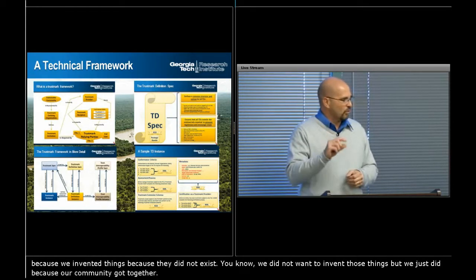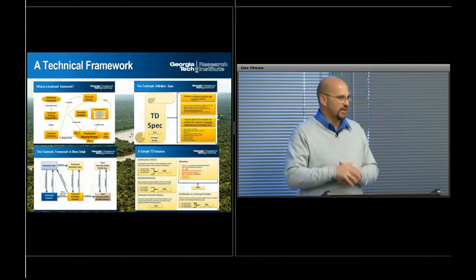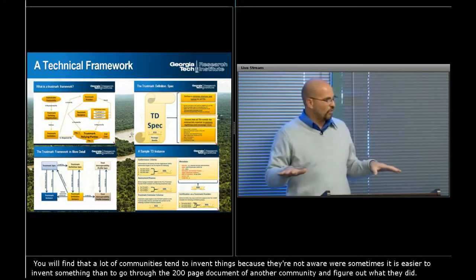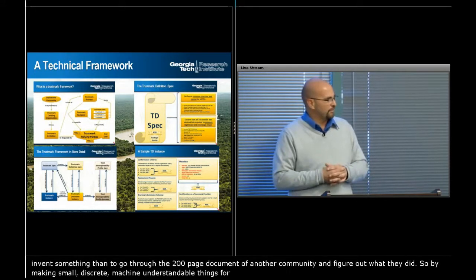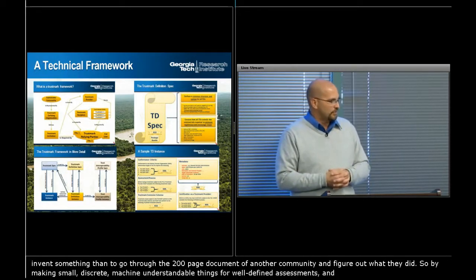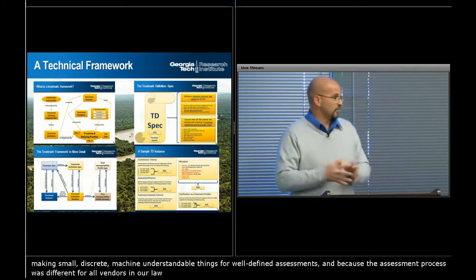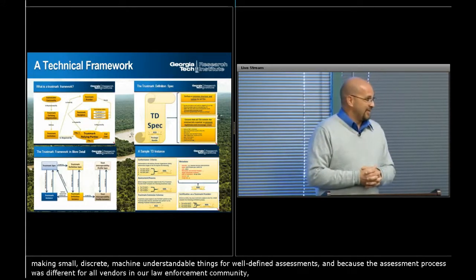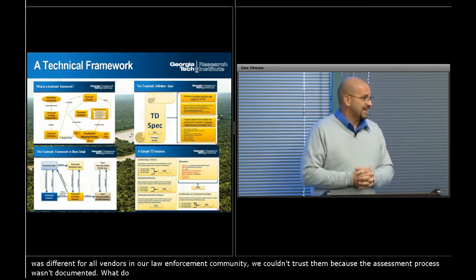And so by making small, discrete, machine-understandable things with well-defined assessment, that helps. Because the assessment process was different for all the vendors in our law enforcement community, we couldn't trust them, because the assessment process wasn't documented. There's probably a lot of vendors in there, but we've had people make claims that, believe it or not, weren't true. And then you had to actually go and test that.